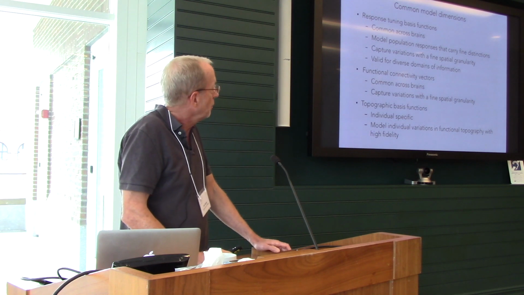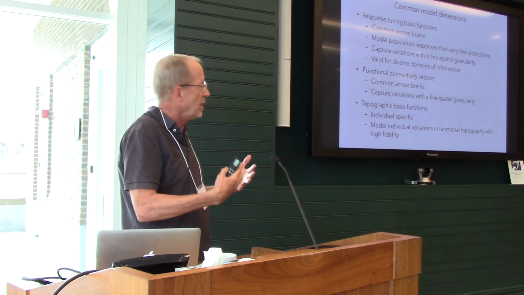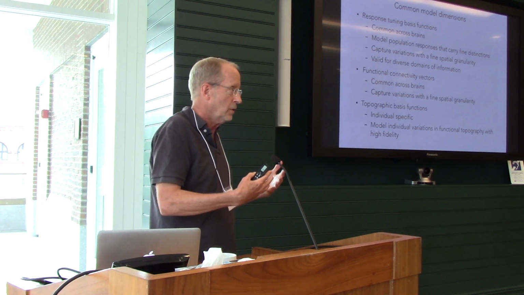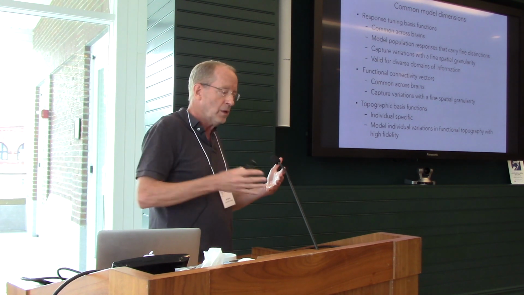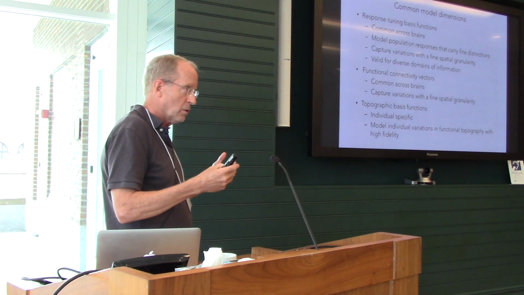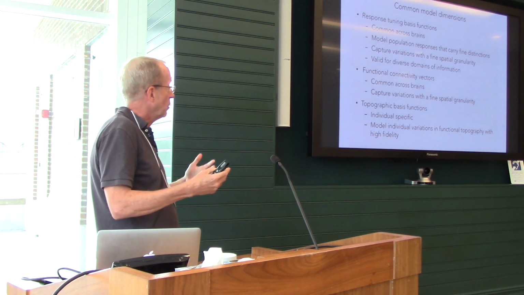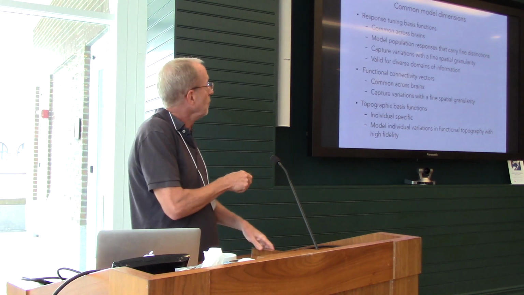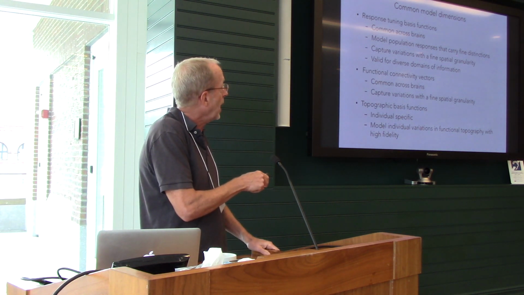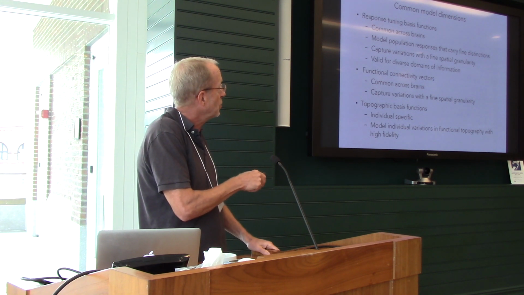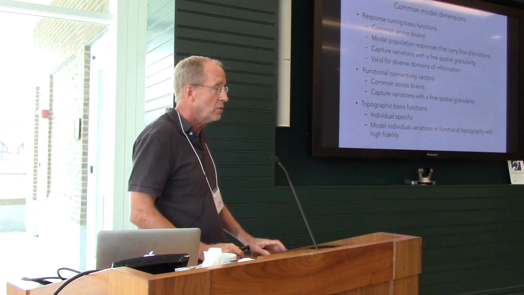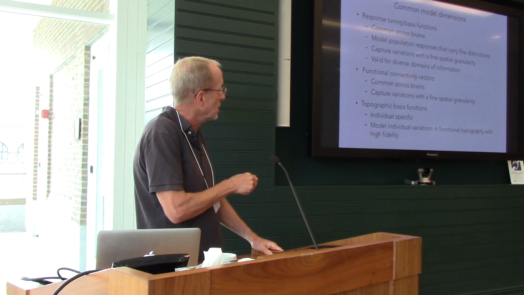These dimensions, so what is the space? It consists of dimensions. So it's these columns in a data matrix that can be a response data matrix or a connectivity data matrix. And each one of those columns has a response tuning function, and the goal is to make those response tuning functions as common across brains as possible.